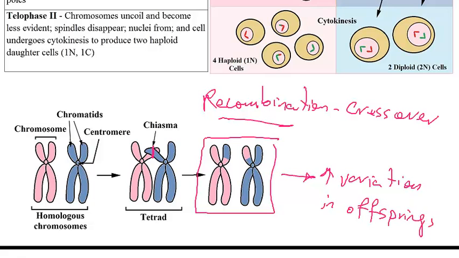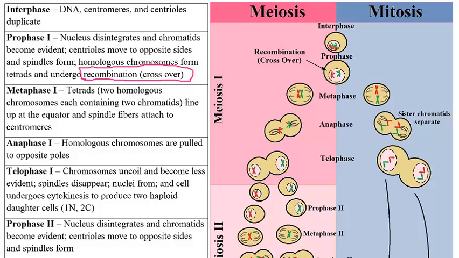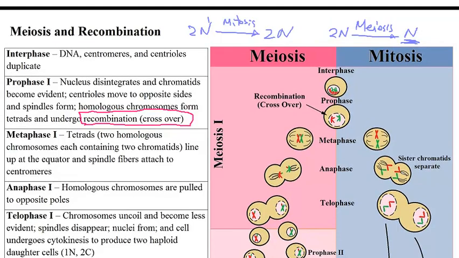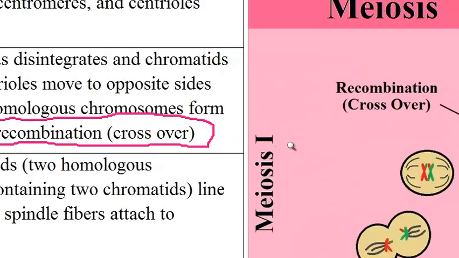Okay, now let's go back to our table here. During prophase 1, that's when a tetrad will be formed and cells will undergo recombination. The next phase is metaphase 1. You can see that the exchange has already happened. I know that the quality is a little low, but I can zoom in right here for you.